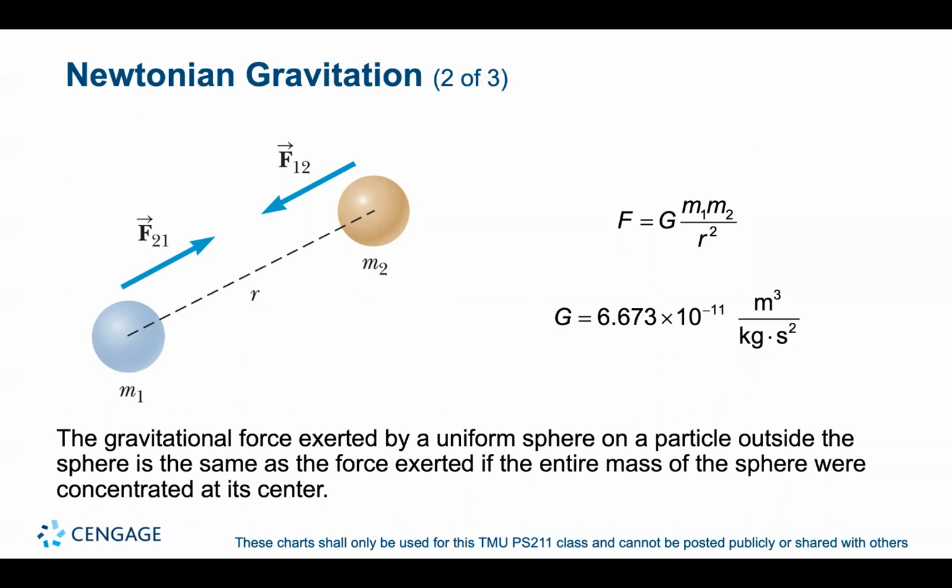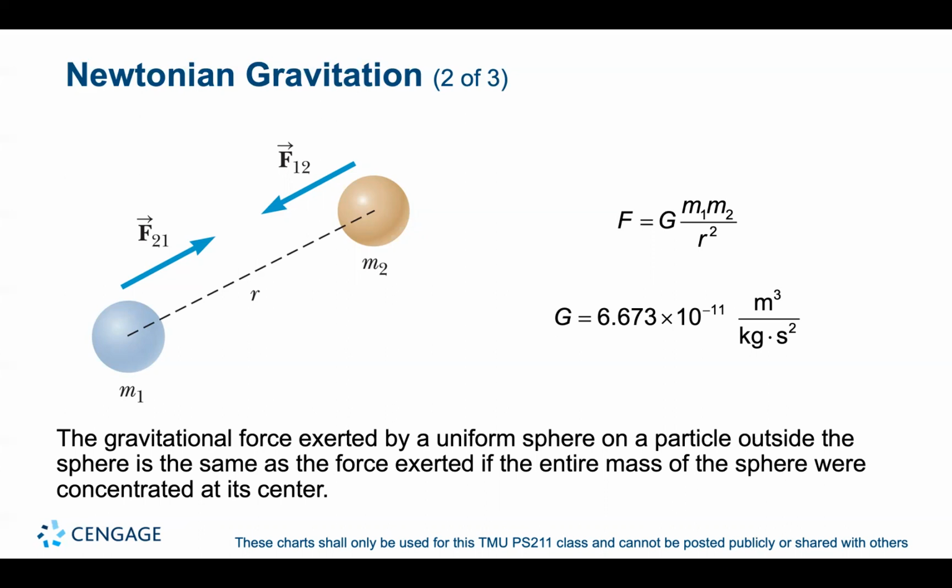If two particles with masses M1 and M2 are separated by a distance r, a gravitational force F acts along a line joining them, with magnitude given by the equation shown. G is a constant of proportionality called the constant of universal gravitation, and the gravitational force is always attractive.